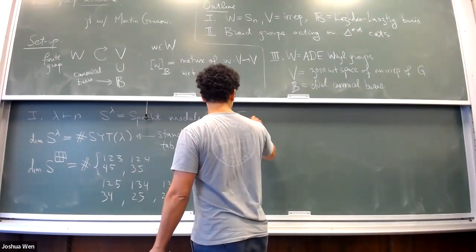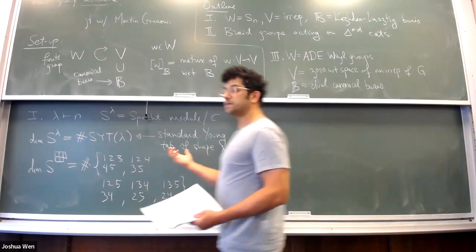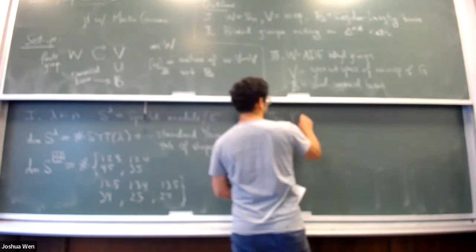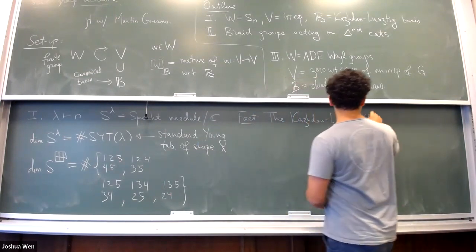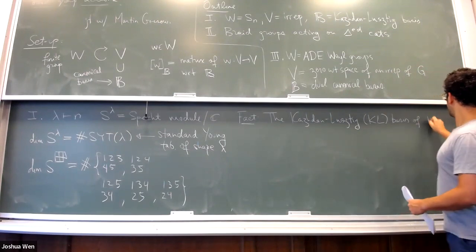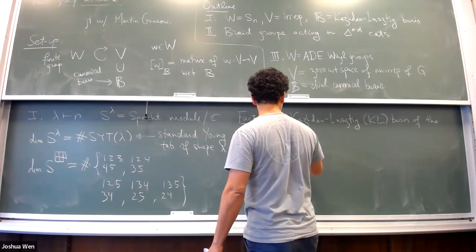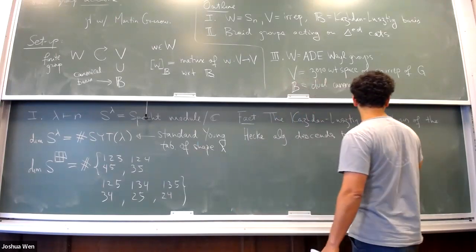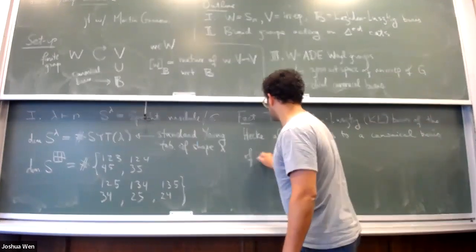And a fact that I'll be relying on in this talk is that we have a canonical basis for these representations, right? So the setup is that the Kazhdan-Lusztig basis, let me just abbreviate that KL, of the Hecke algebra descends to a canonical basis of these Specht modules.